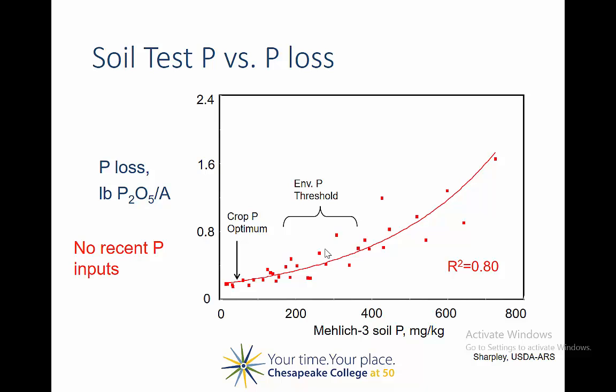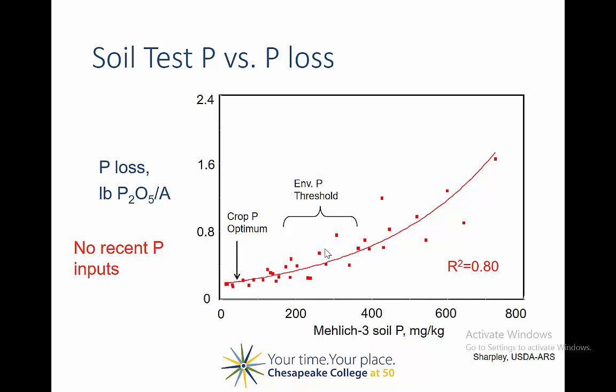But my concern is this area right down here. Even though we've got a nice strong relationship, when you look at this area down here and you're looking at measured P loss, whether you have a soil over here at about 30 or over here at about 200, you're seeing about the same amount of phosphorus loss, right?